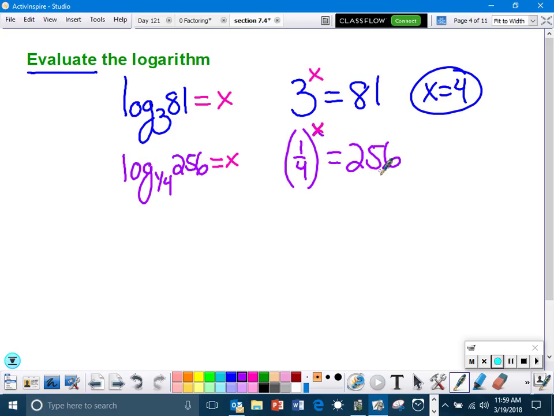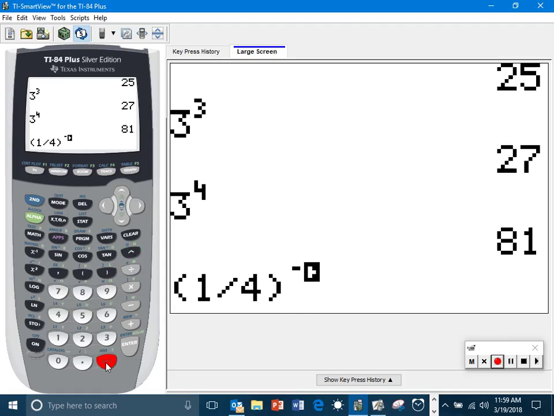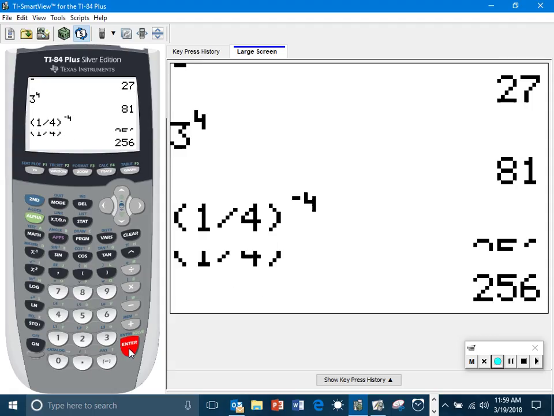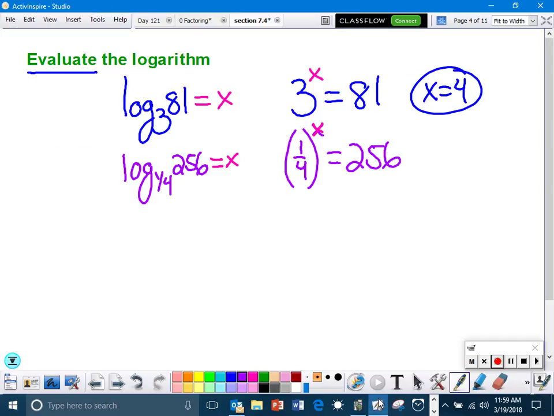So let's see. If I'm not sure, I can type that in, 1/4, and then try some negative exponents. I'm going to say -4, and look at that. So the log base 1/4, 256 turns into -4. So that means x is -4. So you may have negative exponents.